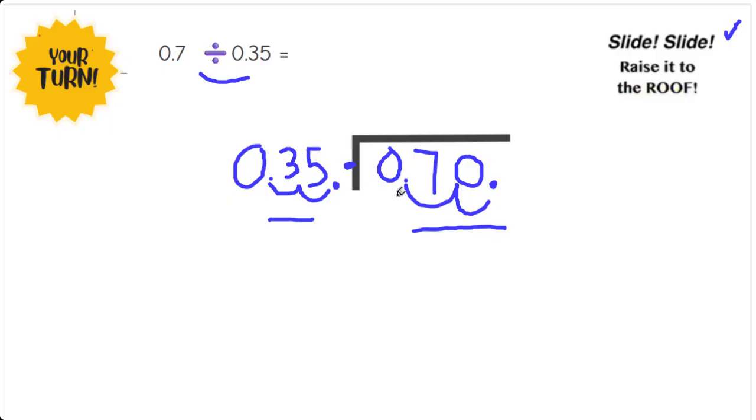All right, we cannot divide 35 into 0, so we have to keep that there. Oh, I forgot to raise it to the roof. I hope somebody was sitting there going, raise it to the roof. Thank you. All right, now I have 7 divided by 35. Can't do that.